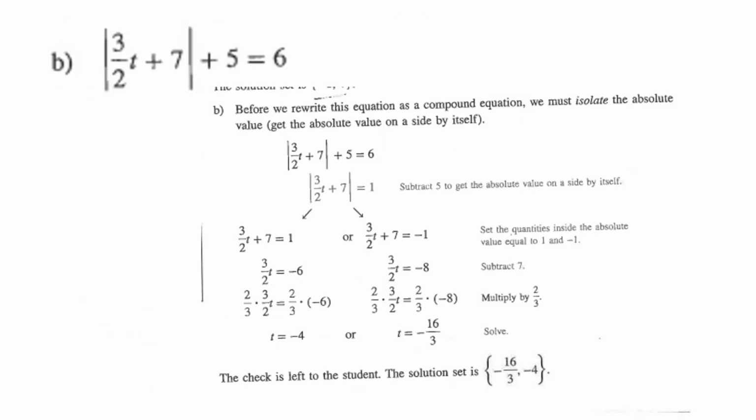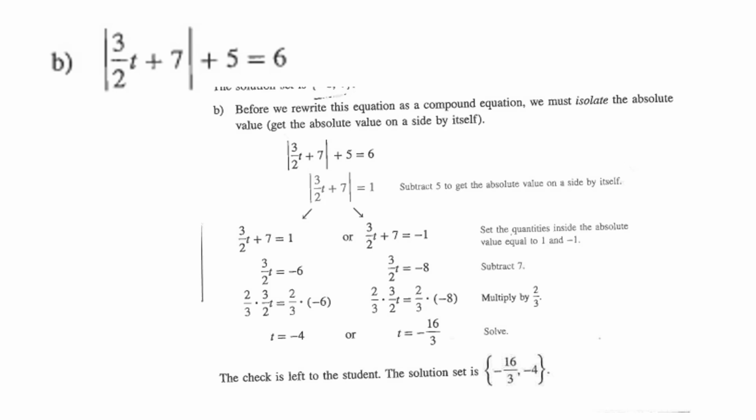Let's do a second example, perhaps a little more complicated. The absolute value of 3/2 times t plus 7, plus 5 equals 6. Before we rewrite this equation as a compound equation, we must isolate the absolute value. That means get the absolute value on a side by itself.